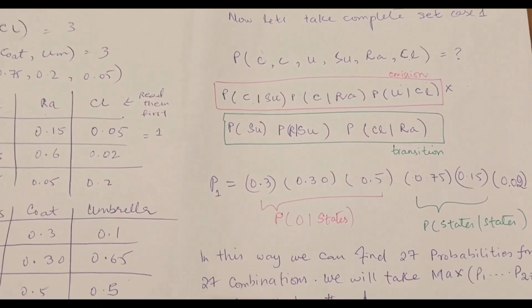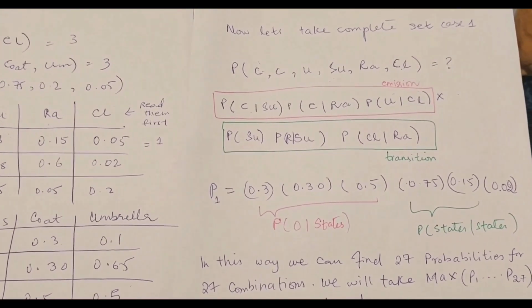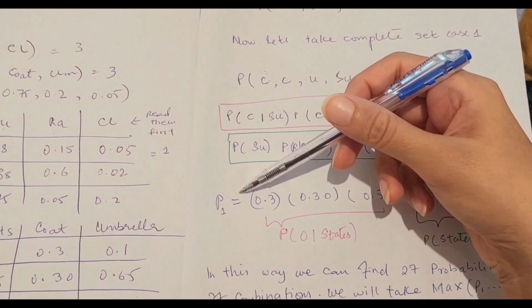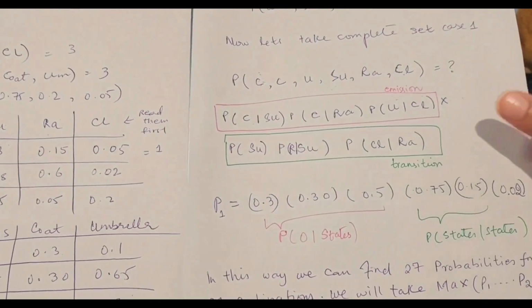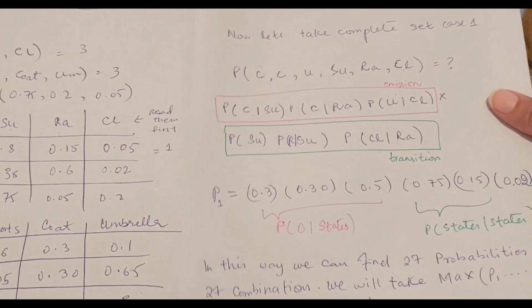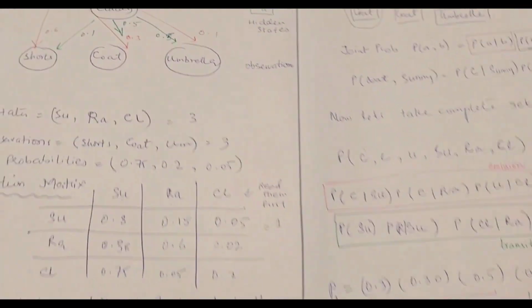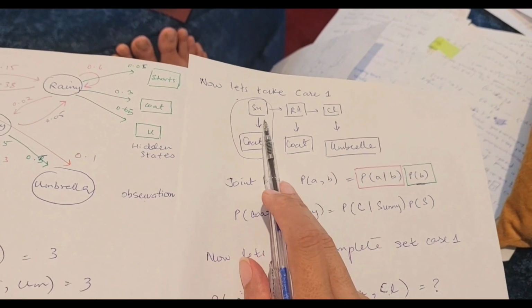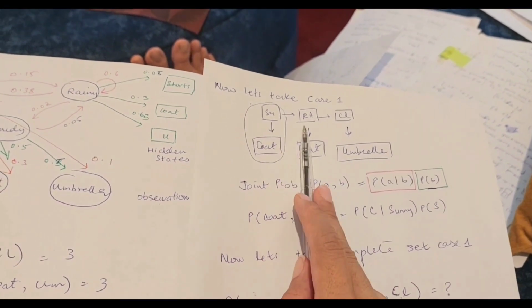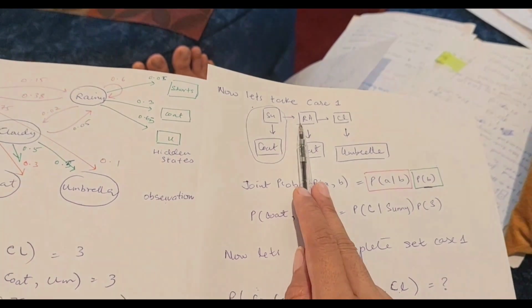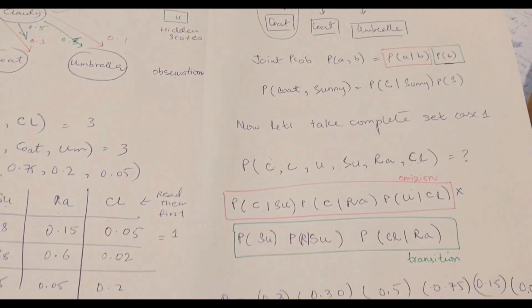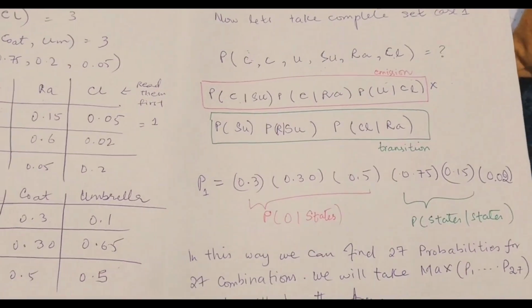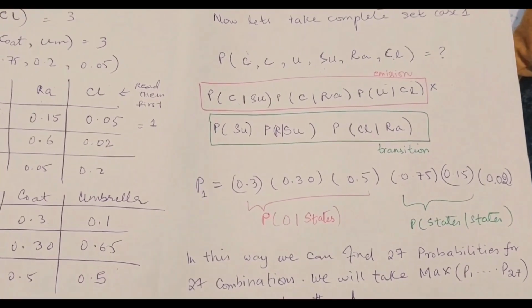You have to keep one thing in mind: this answer is just one answer. If we have to find all the possible cases, maybe the weather in that city is changing in a different pattern, maybe after sunny the weather is getting cloudy, after cloudy the weather is getting sunny, so there can be 27 combinations. In this way we have to find the 27 probabilities.